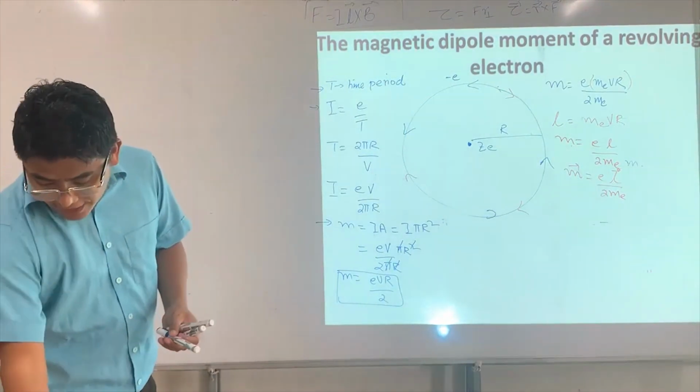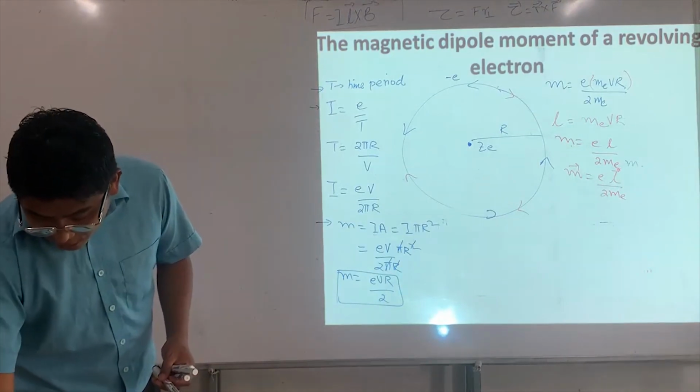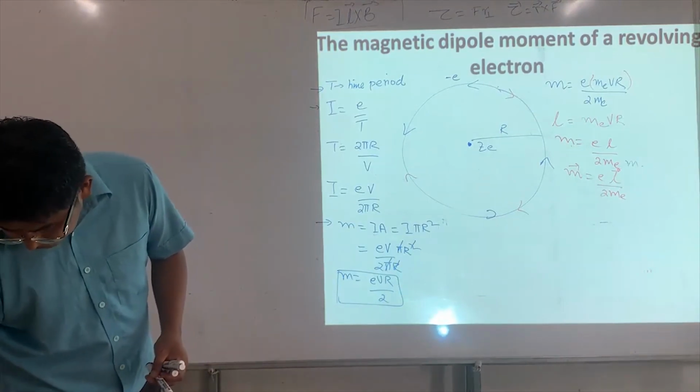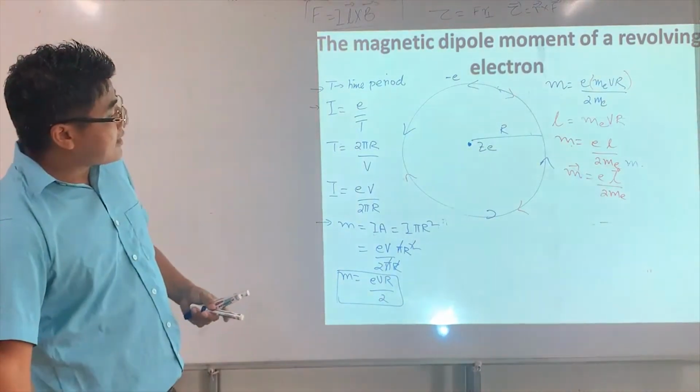Now what I'm going to define is one more term, what we call the gyromagnetic ratio. So I just divide.